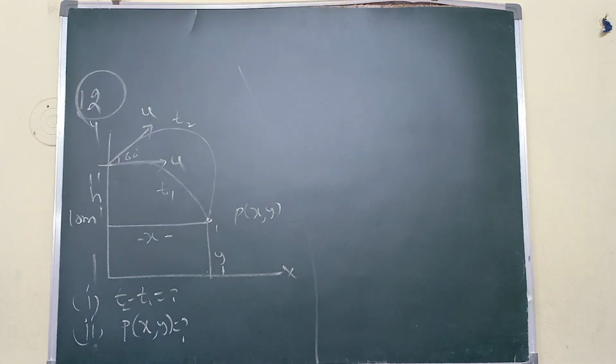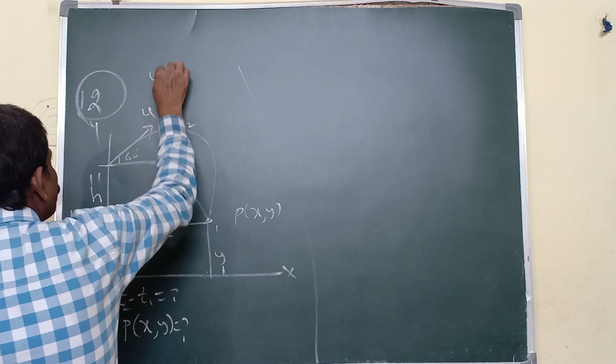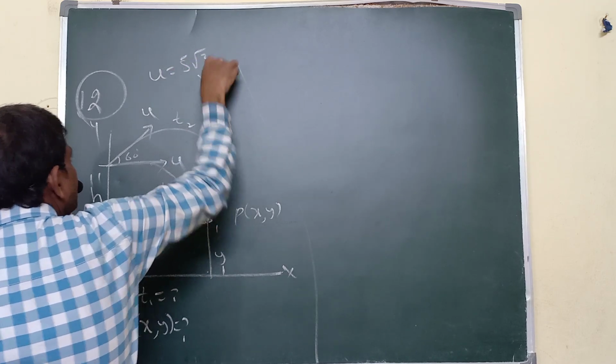Here he has given only the total height of the hill, that is 10 meters, and 60 degrees is given, and velocity is also given. What is the velocity? He has given it as the u value, both are the same, 5√3 meter per second.